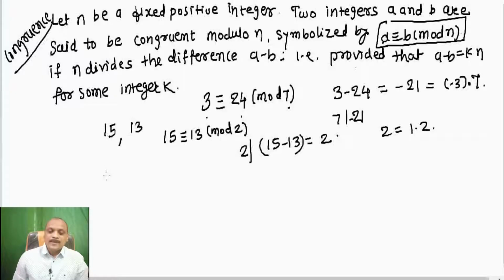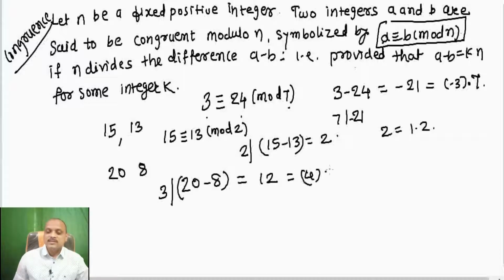Again, if we take 20 and 8, simple examples, then you can see that 20 minus 8 is 12, and 12 is divisible by 3. So 12 is equal to 4 into 3.